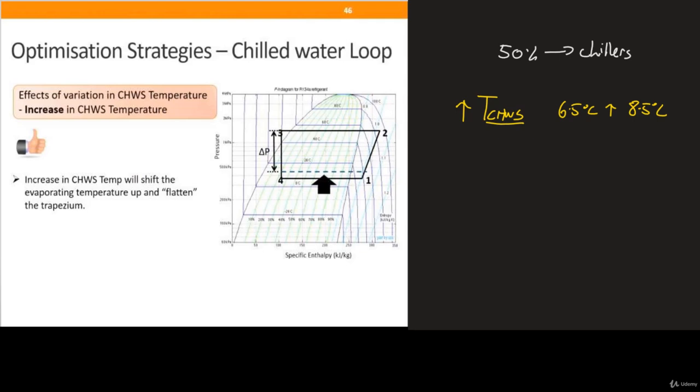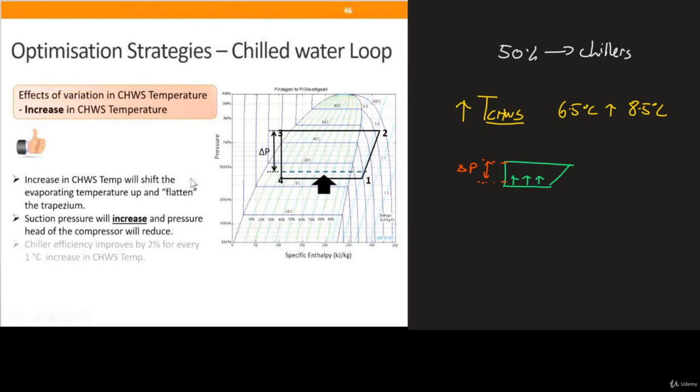It's like what we have learned in topic 1. If you use a PH diagram to explain this savings, it is because your evaporating pressure is now shifted up. So basically you flatten your PH diagram, the trapezium, so the suction pressure will increase. And the pressure head, which is delta P between the condensing pressure and the evaporating pressure, will reduce.